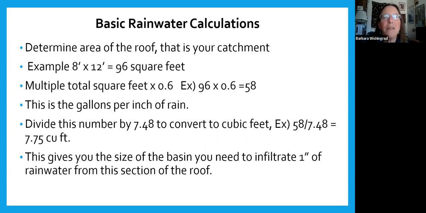You divide this number by 7.48, and that will convert to cubic feet. So in this particular case, for this 8 by 12 area of your roof, you need to come up with 7.75 cubic feet in order to infiltrate 1 inch of rainwater just from this section of the roof.